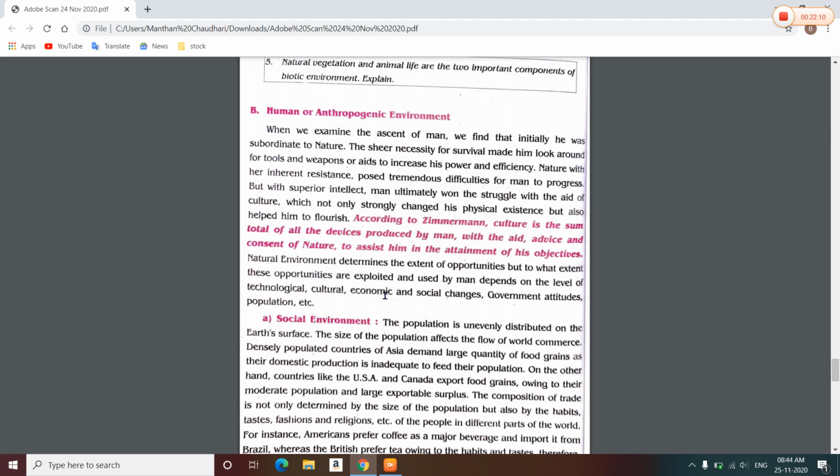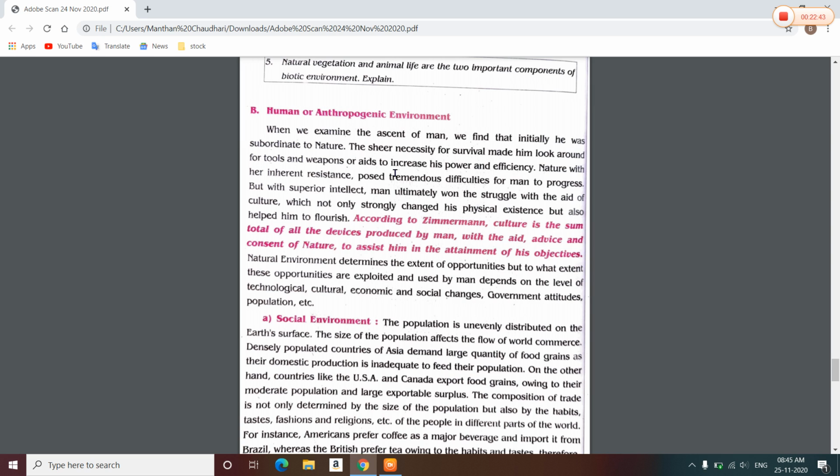Here we have to study all man-made things like socio-economic environment, political environment, technological environment, etc. And of course, while studying this kind of environment, we will have a commercial approach.